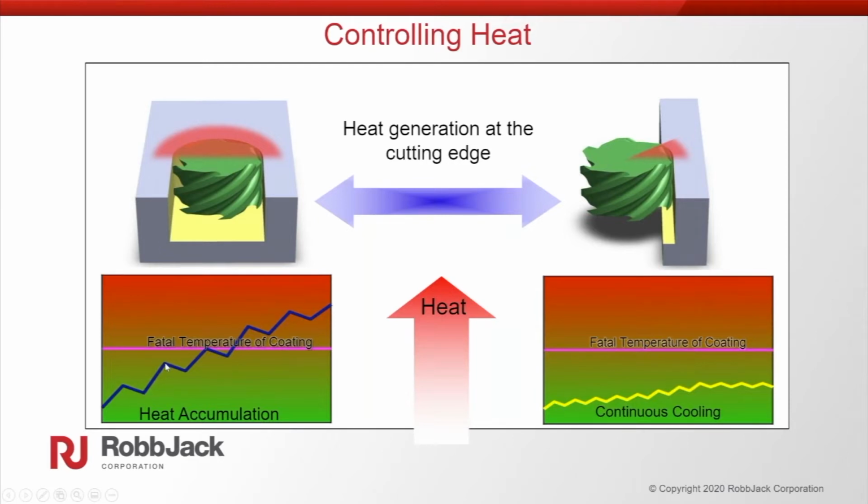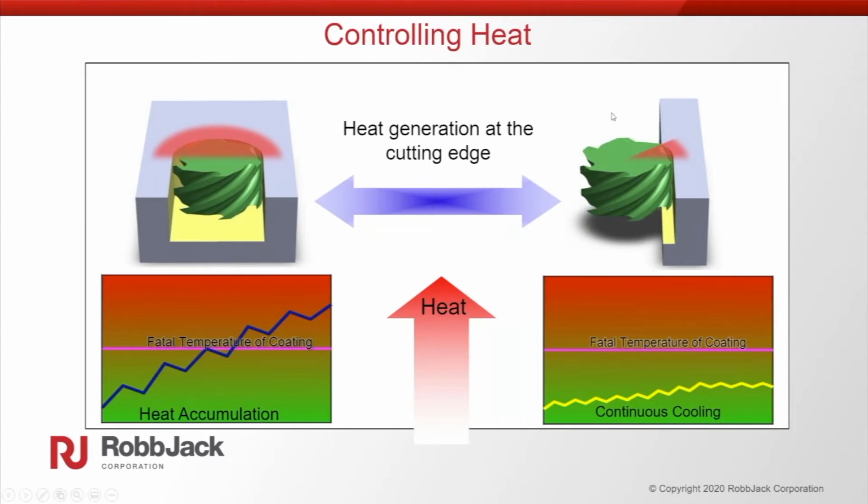That flute heats up, it has a little bit of time to cool down, but it's heating up more than it's cooling off in the time that it's out of the cut. So you get past the fatal temperature of the carbide or the coating or the material that you're using on the cutting tool, and what happens is you chip up the tool, it generates more heat, and it actually will skyrocket straight up.